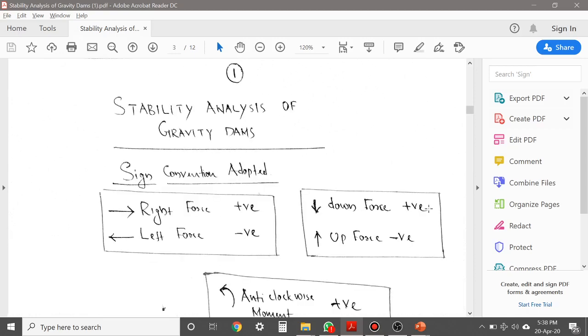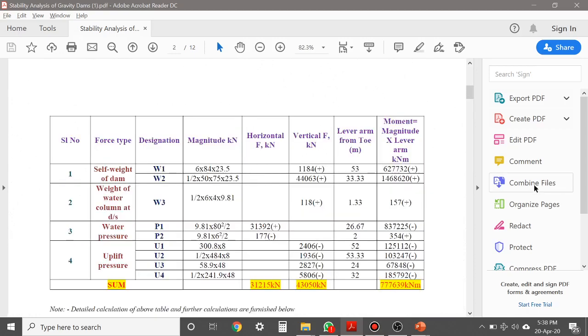Now again going back to our table, this is P1 and this is P2. P1 equal to and P2 equal to, you know that water pressure is horizontal force, so you have to write in horizontal force column, that is water pressure P1 and P2.